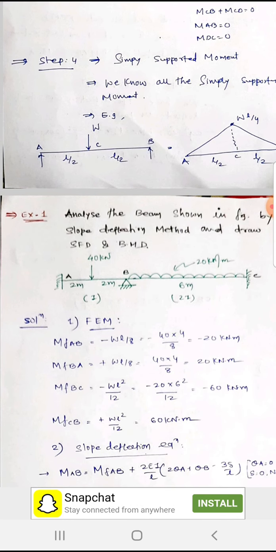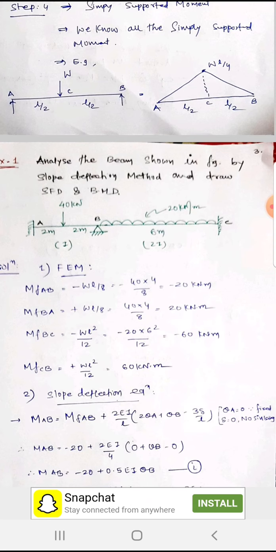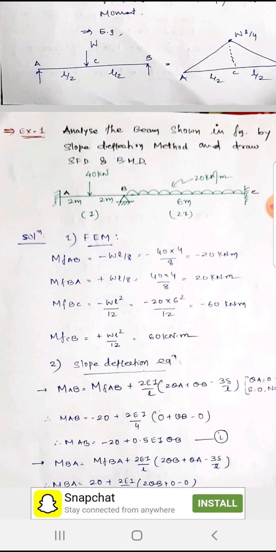Now I am going to start the example. Example number 1, analyze the beam shown in the figure by slope deflection method and draw shear force and bending moment diagram. Here is a two span continuous beam ABC, and support A and support C both are fixed and support B is hinged or simple.